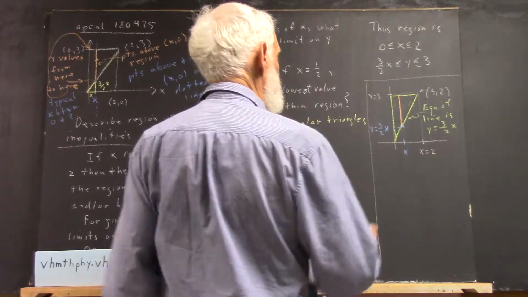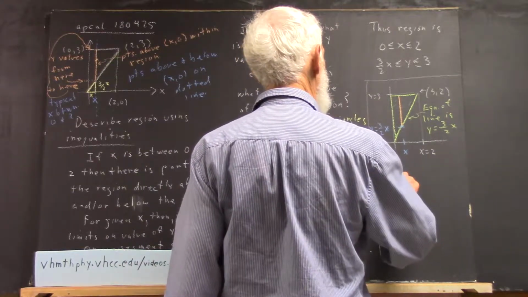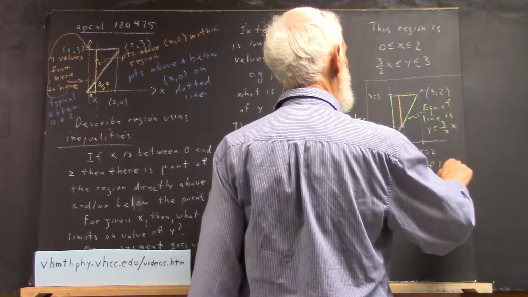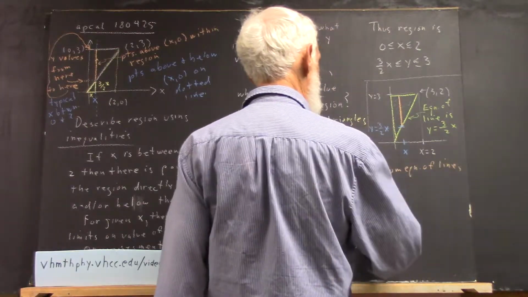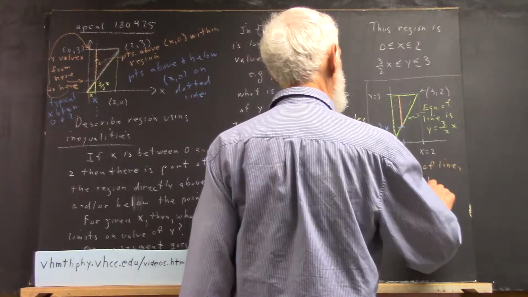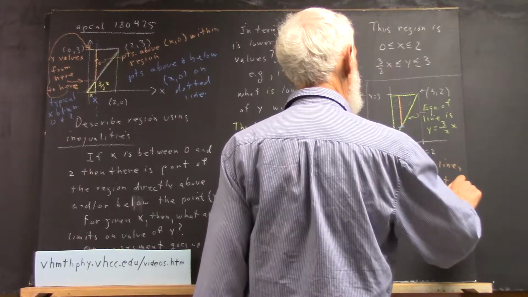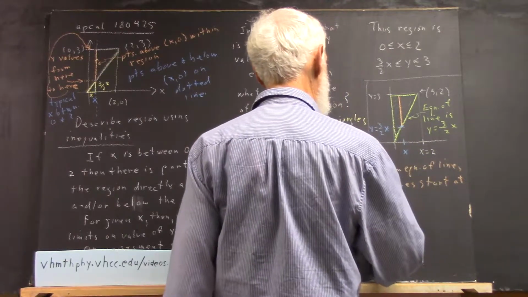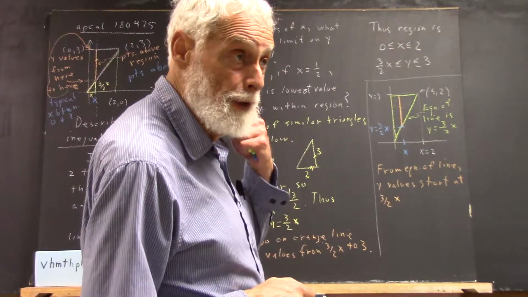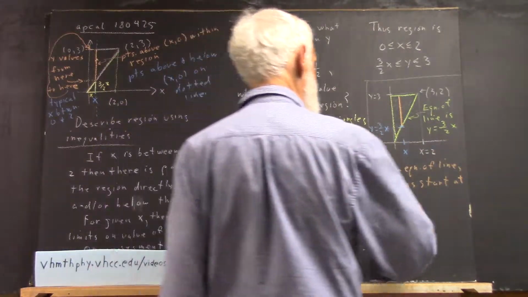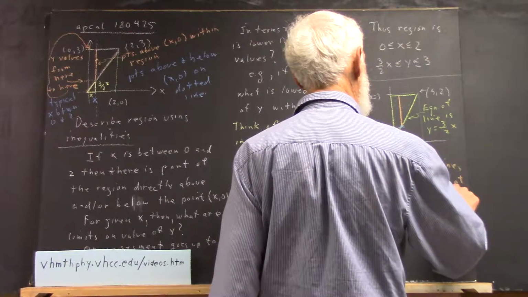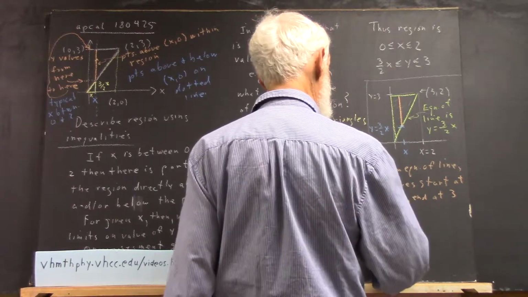So from the equation of the line, y values start at 3/2 x, and they end at 3.